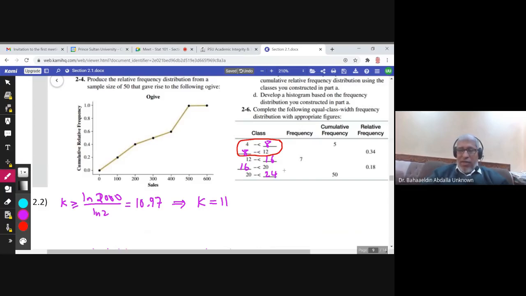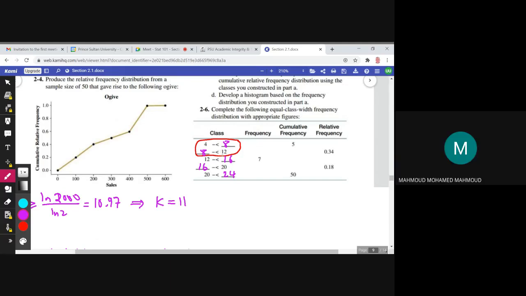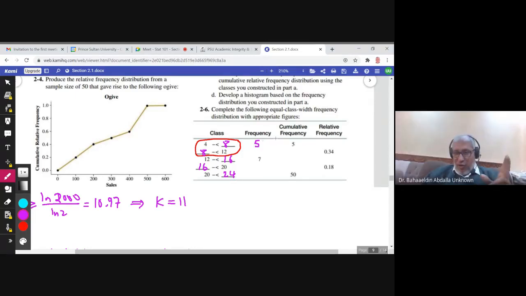Now look at the relation between frequency, cumulative frequency, and relative frequency. In the first class, we know only the cumulative frequency, 5. Can we find the frequency from here? Yeah, the frequency should be 5, because we said both frequency and the cumulative frequency are equal in the first row. Okay, how to find the relative frequency? We need n, the total number of observations.